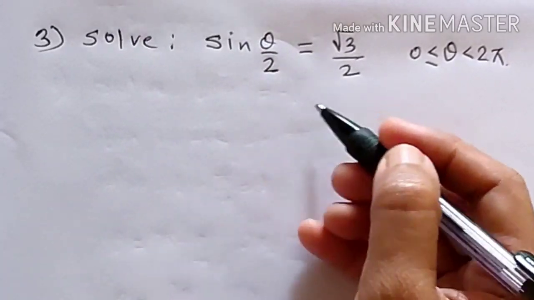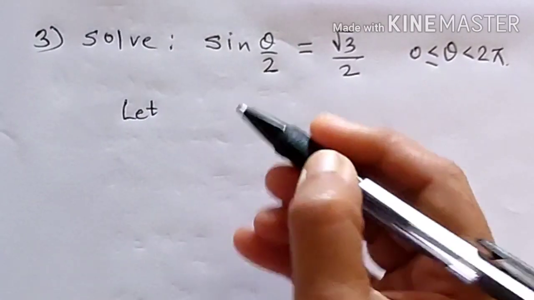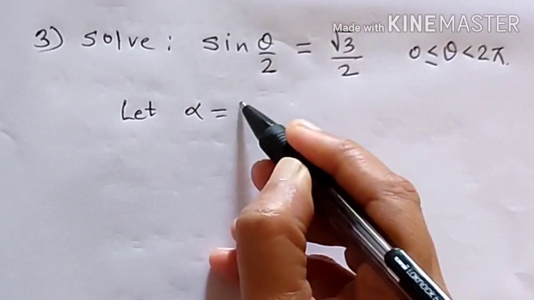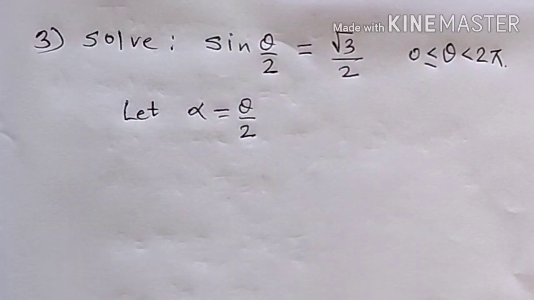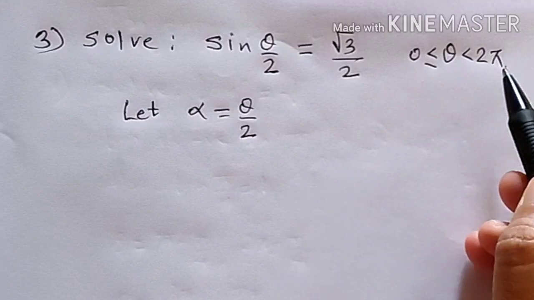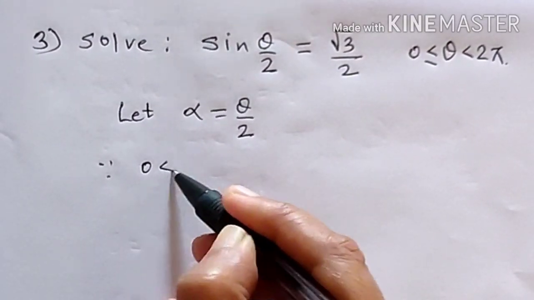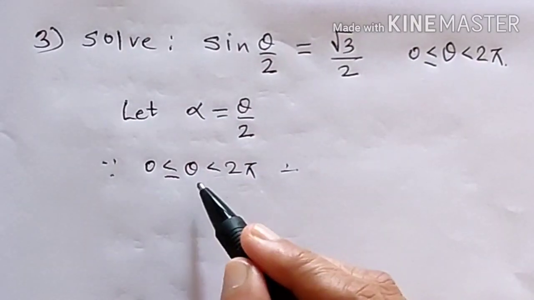Next, to solve this, let's denote this angle with alpha. Let theta by 2 be equal to alpha. Now since theta is between 0 to 2 pi, what about theta by 2?